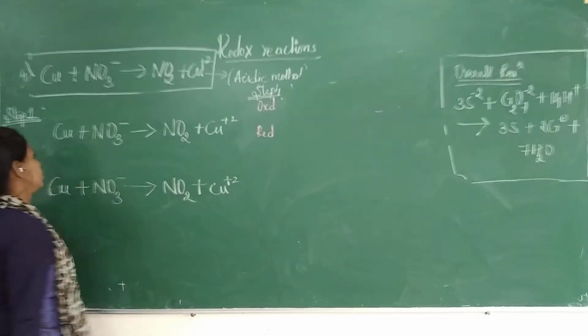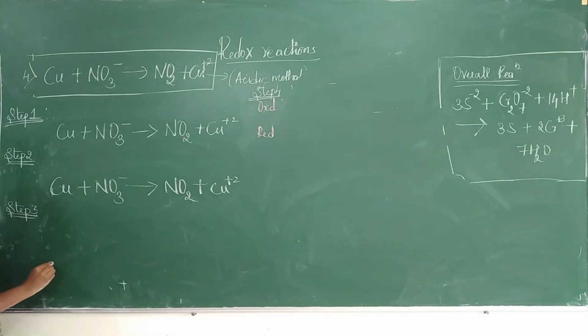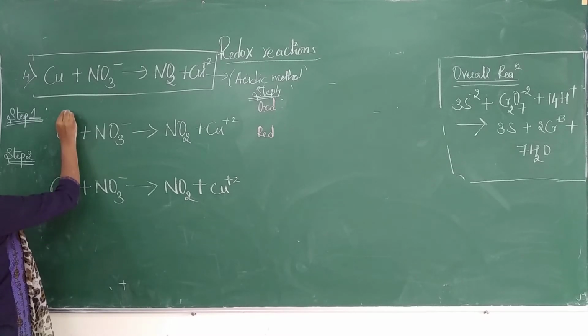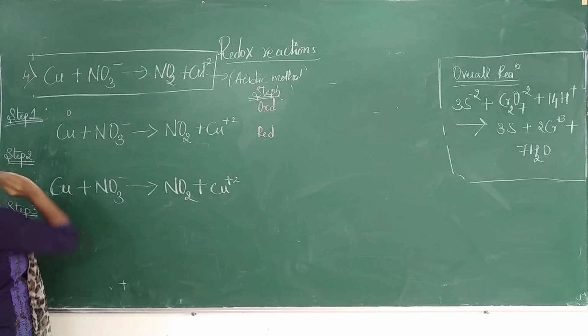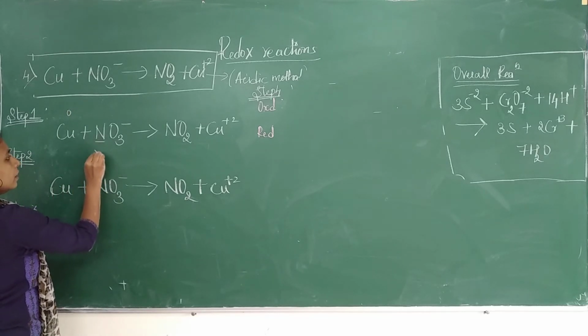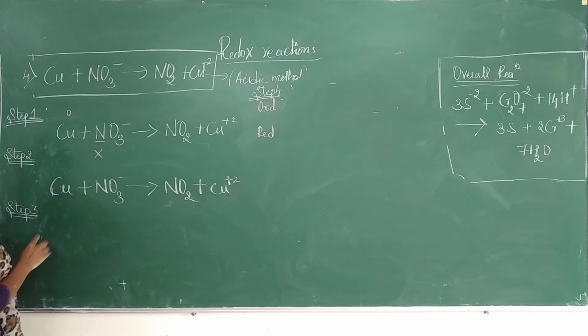Have you found out the oxidation number of nitrogen in a nitrate? Wrong, minus 3 is wrong. It is plus 5 here. What about this copper? First tell me. 0, it is in its ground state. Now see here, it doesn't come minus 3. You can calculate it.